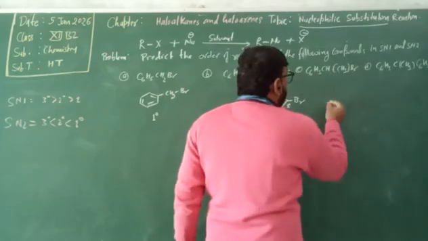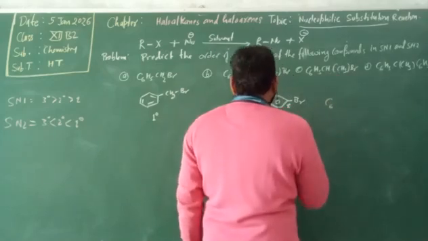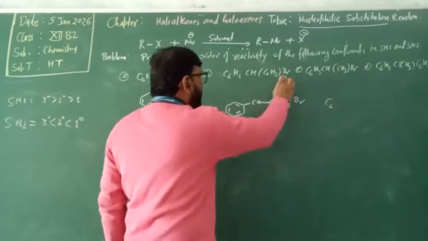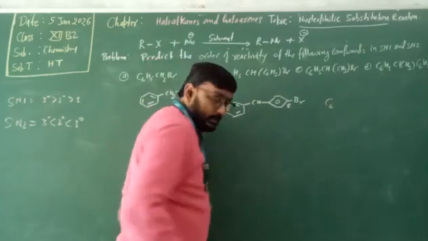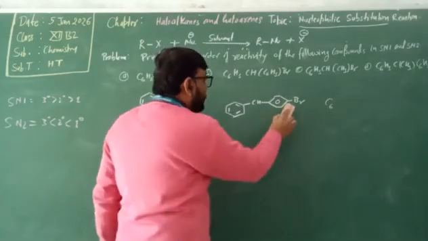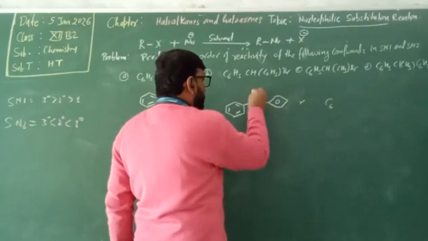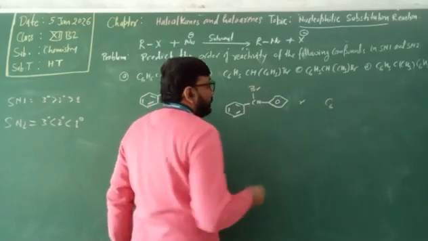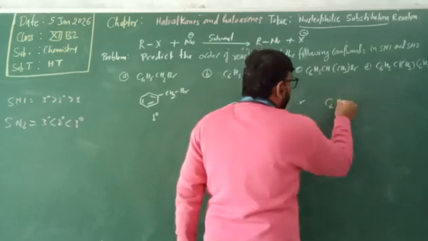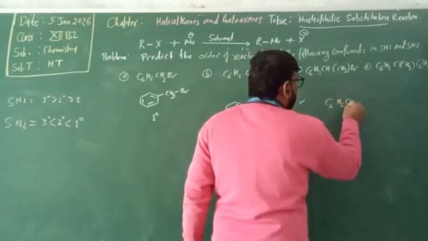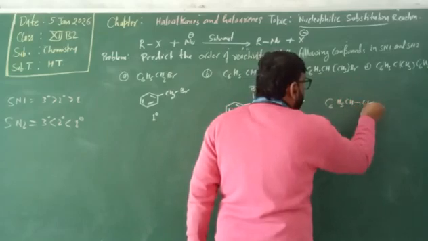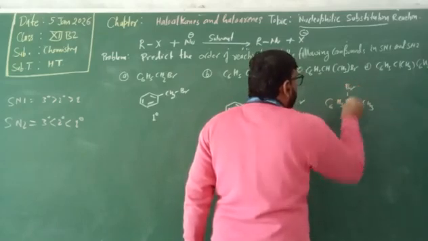C6H5CH has CH3 and Br, and the Br is connected to this carbon.